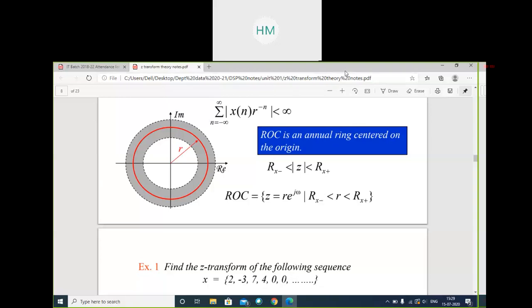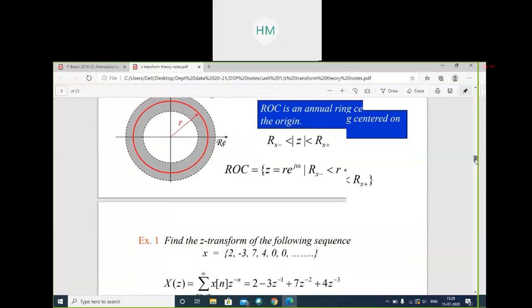Finished with the numerical? Any doubt? Okay students, this numerical tells you to find the Z transform of the following sequence.